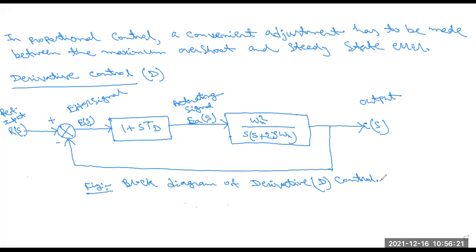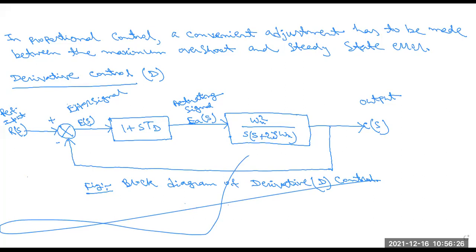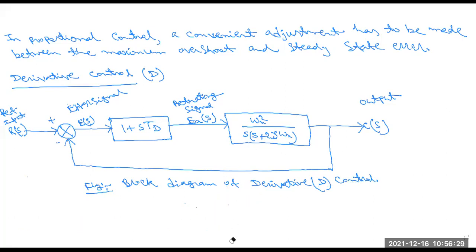This is the actuating signal, denoted EA of the system. Previously we saw that the actuating signal is proportional to the error signal. The error signal is the difference between the reference input signal and the feedback in this unity feedback derivative controller system.